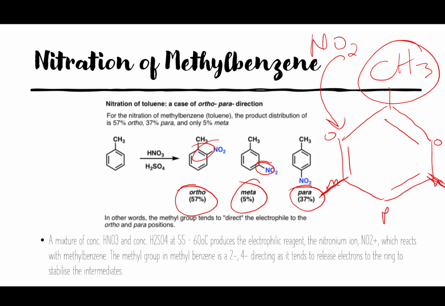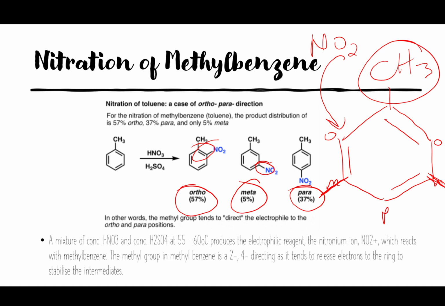So when the nitronium ion is coming into the ring for toluene, it almost always goes to the ortho or the para positions. It's like the methyl group is telling the nitronium ion to go either to ortho or to para.